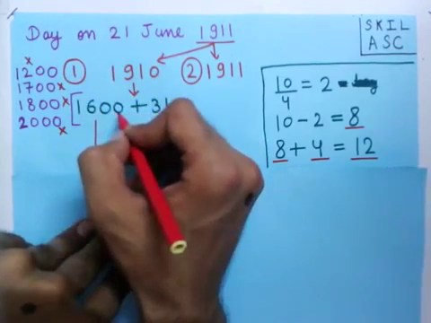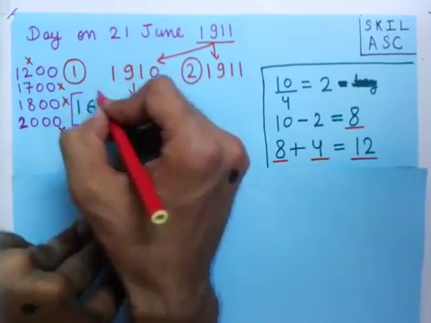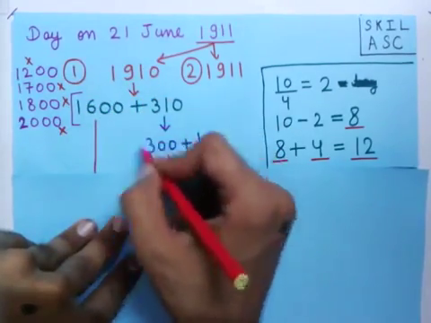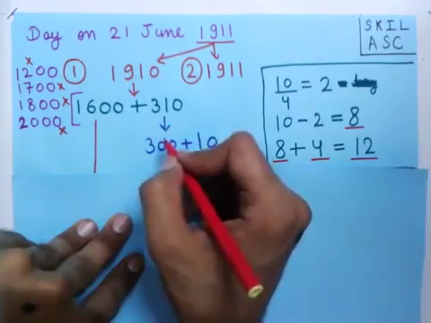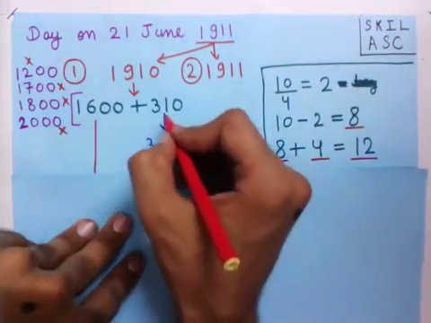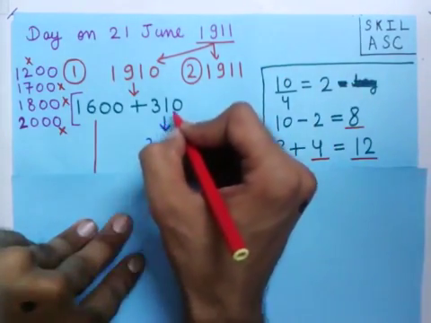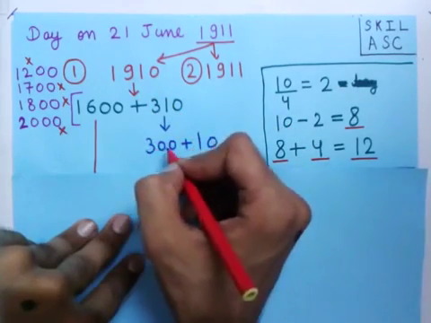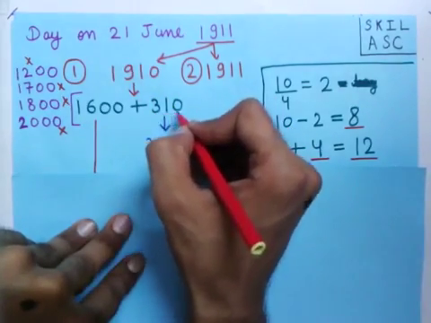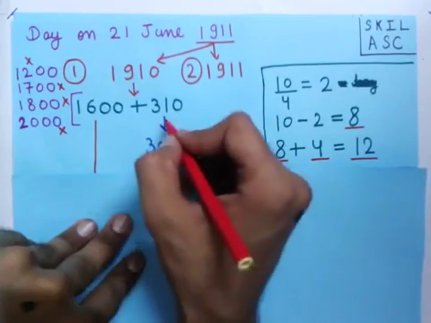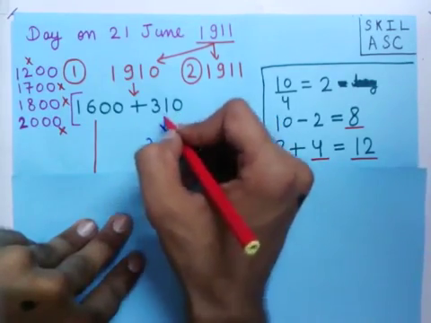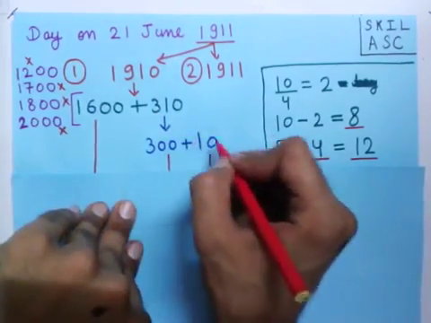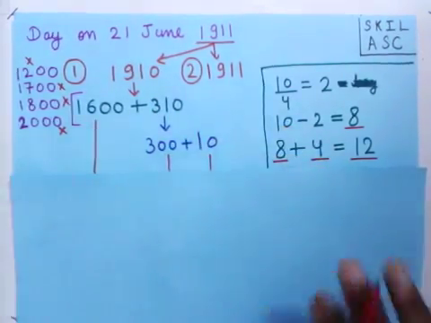The 1600 was necessary to be a leap year, but now it is not necessary. What you have to do is take out a century which is maximum in this year. So we take out the century 300, which is maximum in this 310. The 300 must not be more than this year. And we write the remaining year, which is 10, here.